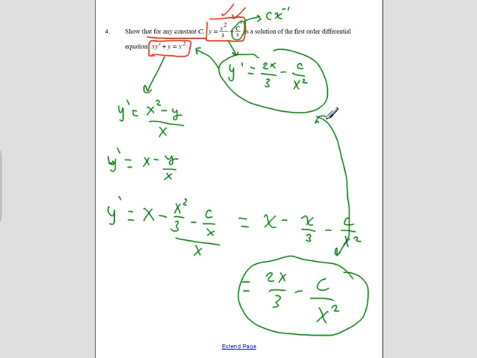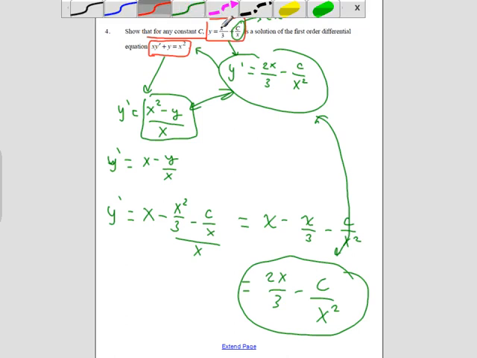So how do we verify that? Well, we took what they're telling us is the solution, and we found the derivative. There's the derivative. Then we took the differential equation that we were having to solve, and solved it for y prime. We wanted to show that this equaled that, but we had to make an intermediary step and plug in.